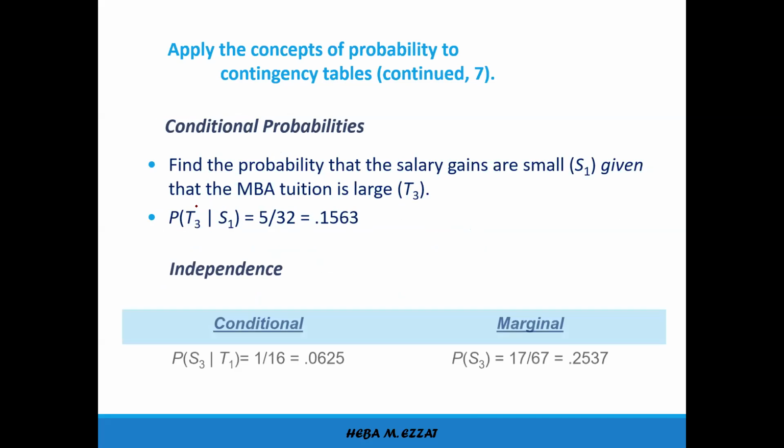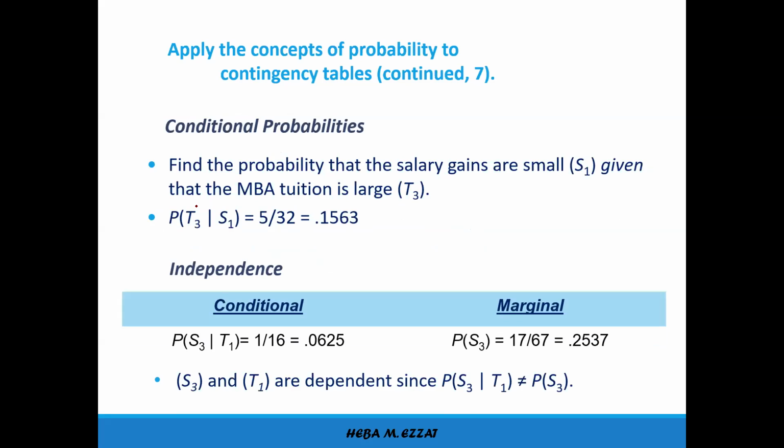And again, if we want to check between the conditional and the marginal probability, we have to compare whether the probability of some event given another event equals the probability of this event alone. As we can see here, there is a difference between the two numbers.